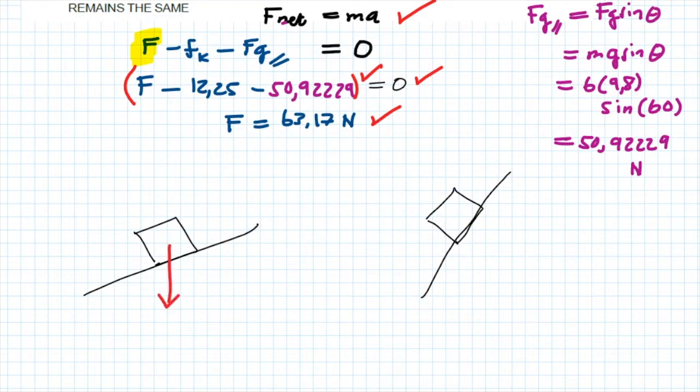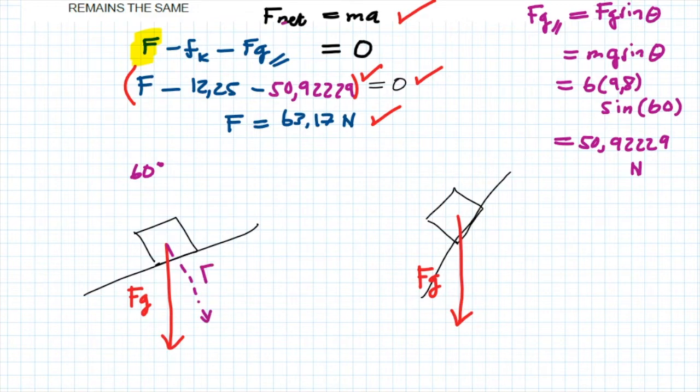In both cases, we have a downwards FG. And that FG has exactly the same magnitude because the block has exactly the same mass. So there's my FG. If I draw the components in the first case where the angle is 60 degrees, here is my perpendicular component, FG perpendicular, and here is my parallel component, FG parallel.